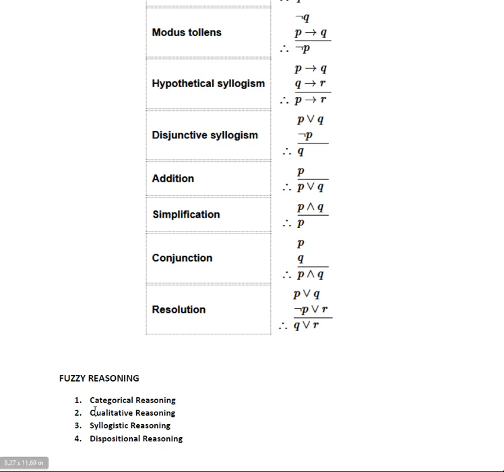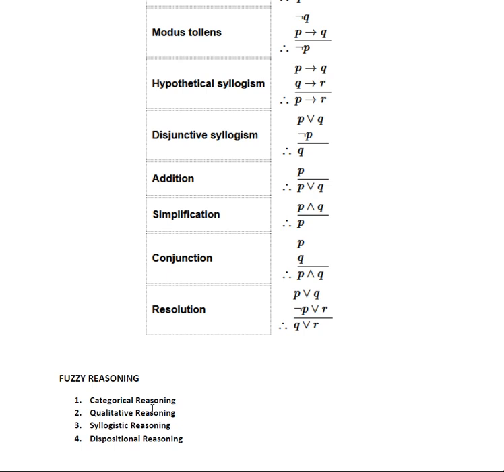Now coming to qualitative reasoning. Qualitative reasoning is basically the input-output relationship of a system, based on the conditions with respect to the antecedent and consequent, that is, the if-then rules. So if-then, and even the else also comes.